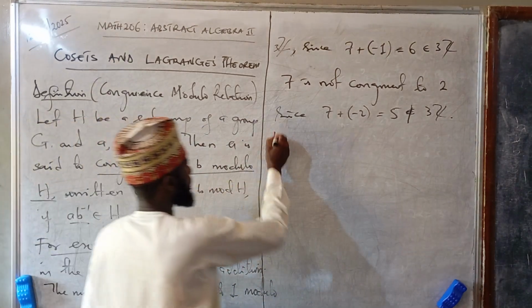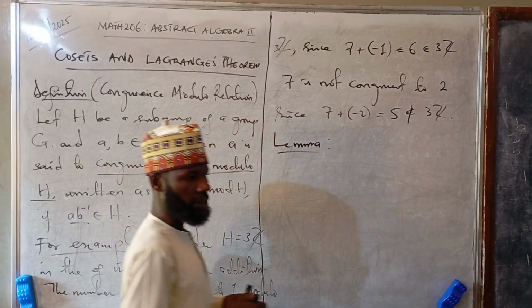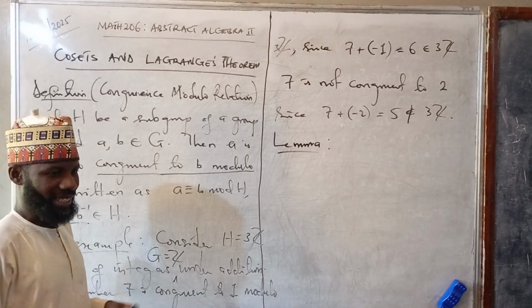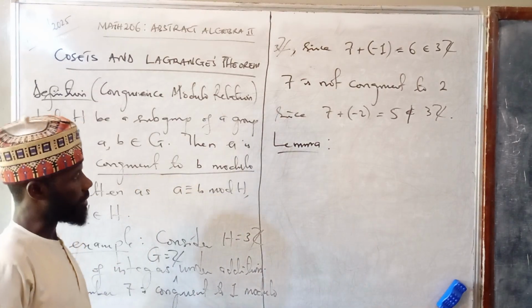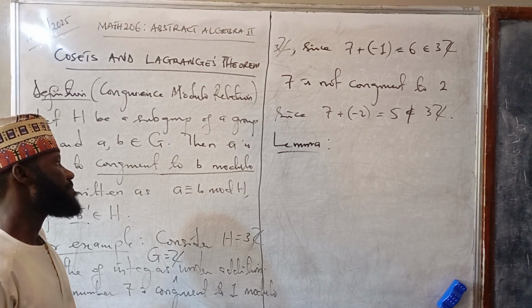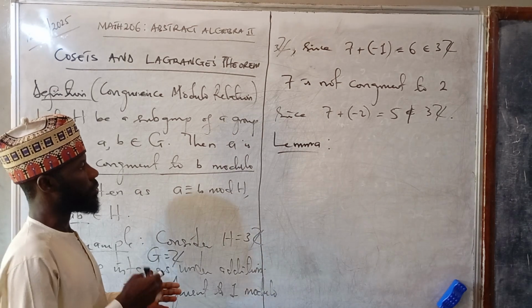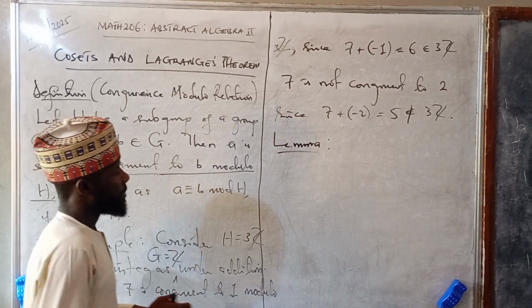Now immediately we can check, because why do we require defining a relation on a group? It's actually to partition the group into equivalence classes. So immediately we now prove that the relation is an equivalence relation.